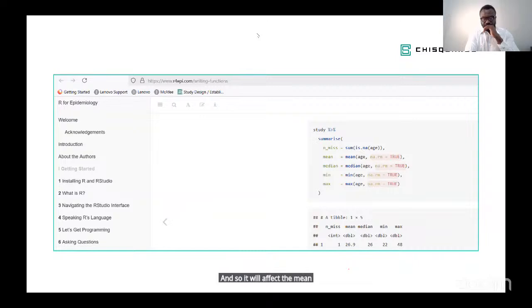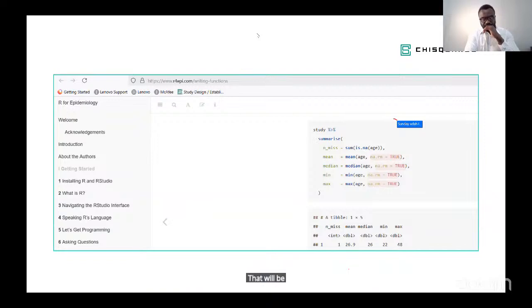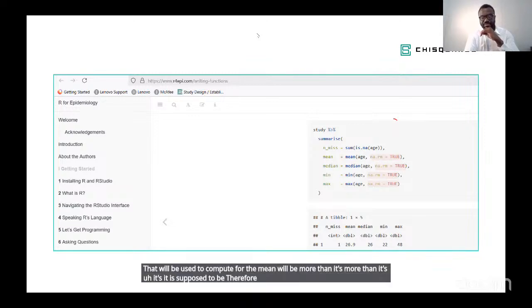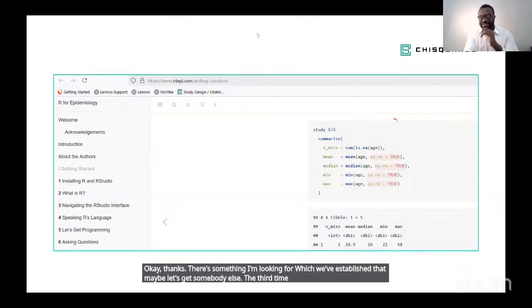While if it's set to be false, it's going to count the missing values as part of the data, and then the denominator that will be used to compute the mean will be more than it is supposed to be. Therefore, it's going to affect the mean. So in either way, the mean is going to either be skewed to the left or to the right. Okay, thanks. There's something I'm looking for, which we've established. Maybe let's get somebody else. The third time is the charm. Thanks for your effort.